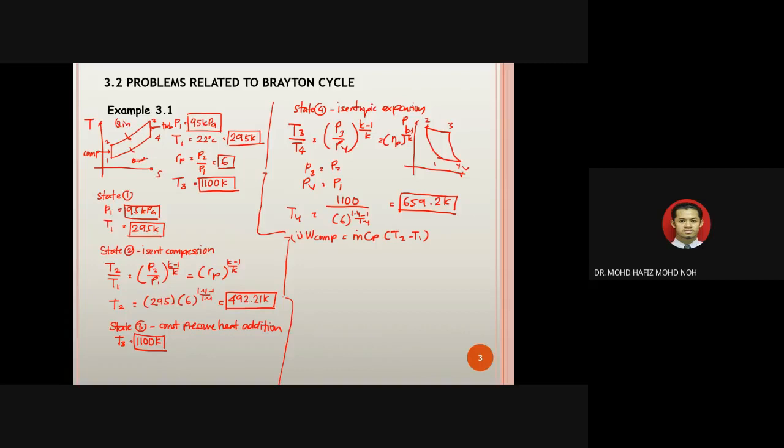Since mass flow is not given, it is equal to Cp times (T2 minus T1). So put the values: 1.005, T2 calculated is 492.21, T1 is 295. From here, you will get the value of the compressor work is 198.196.